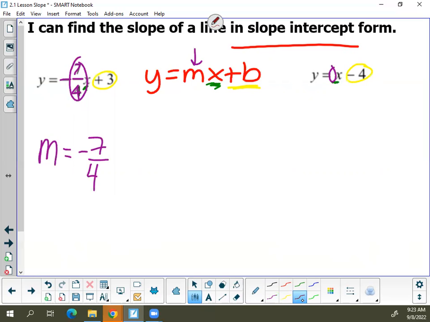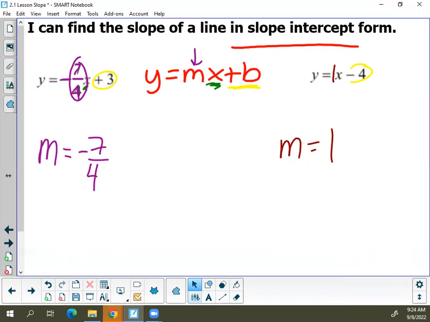In this second equation, there is no number in front of x. When there's no number in front of x, please don't confuse that with a 0. When there is nothing written in front of x, it's 1. So the slope of our line here is 1.